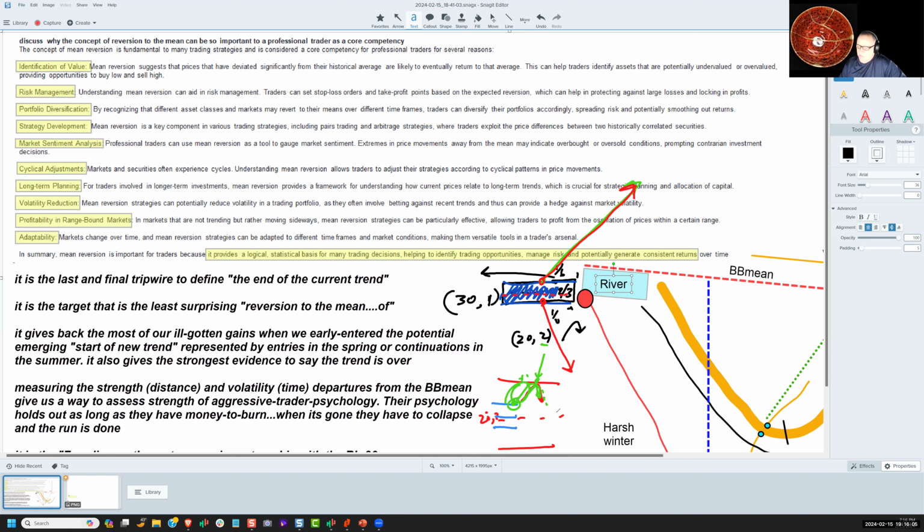He's looking for the move from plus 2 back to 0, and then possibly all the way down to minus 2. Whereas in our view, if you have 30 data points and you have the averages here, and then you have Z1, Z2, and Z3, it turns out that the breakout from the river gives you a tradable opportunity up to Z3.